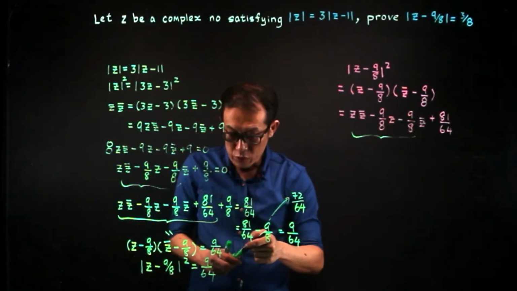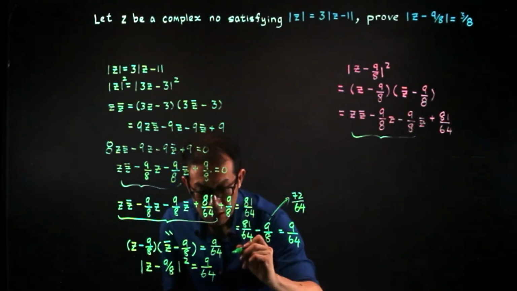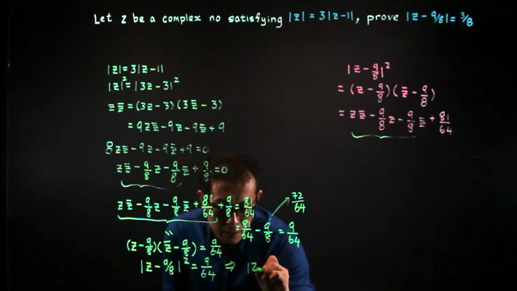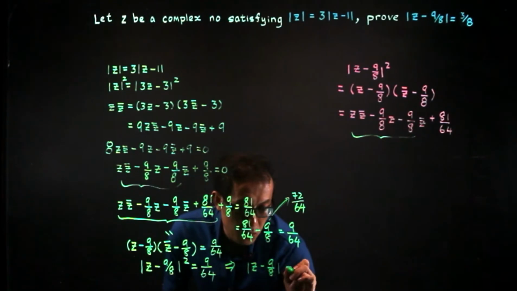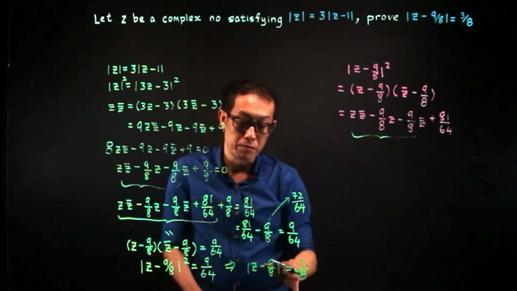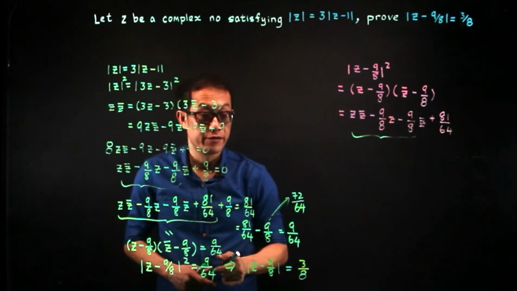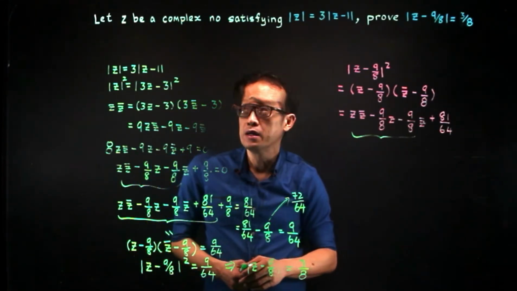Now if I square root both sides, I will have modulus of Z minus 9 over 8 will be equals to 3 over 8. Not plus minus 3 over 8, because modulus of something is always positive. Let's move on to question 2.